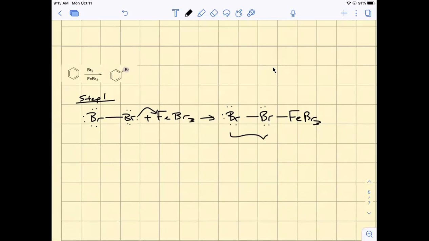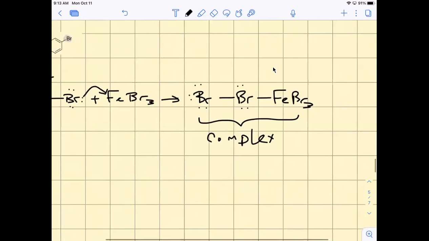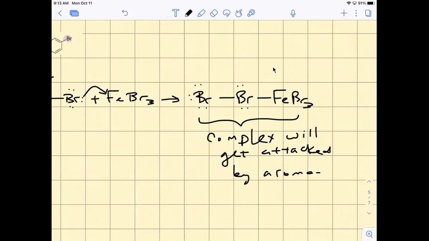So this is the complex that will be attacked by your ring. So that's going to get attacked by the aromatic ring, which happens in the next step.